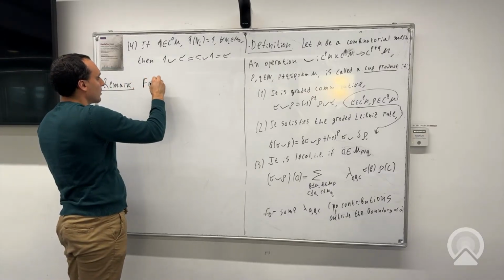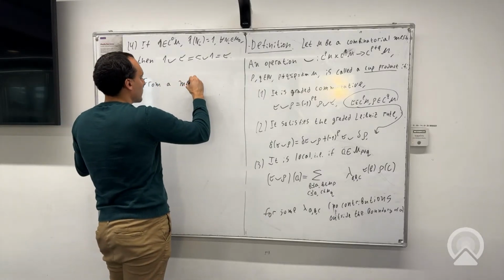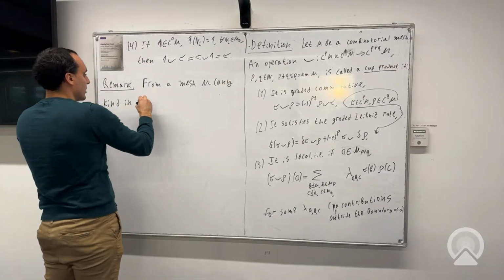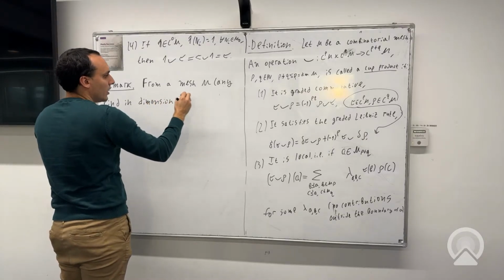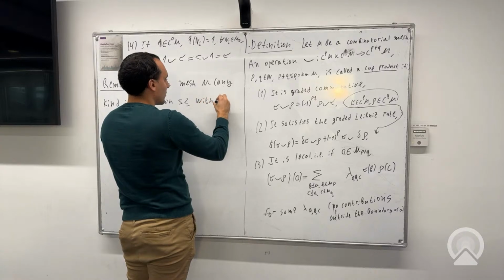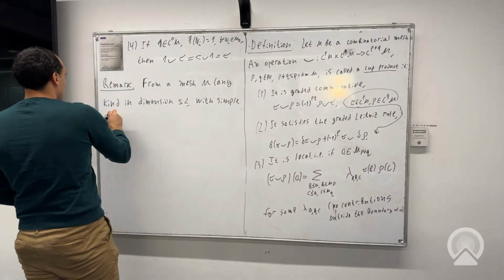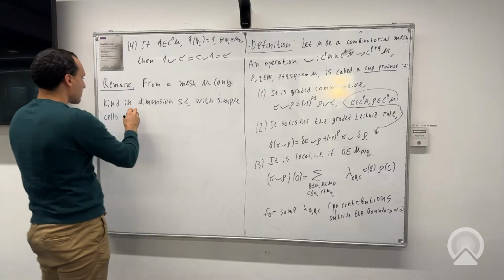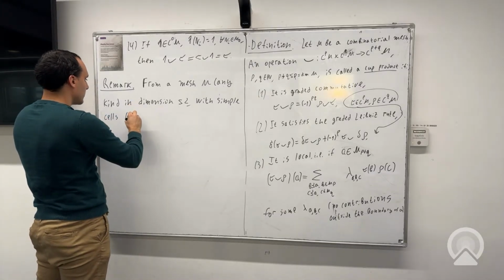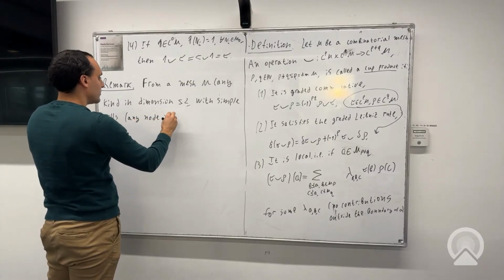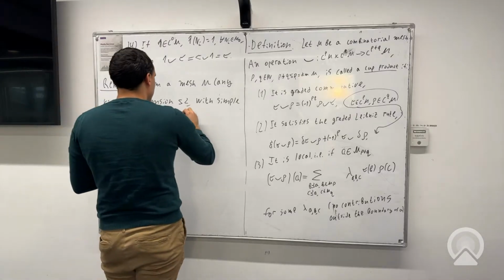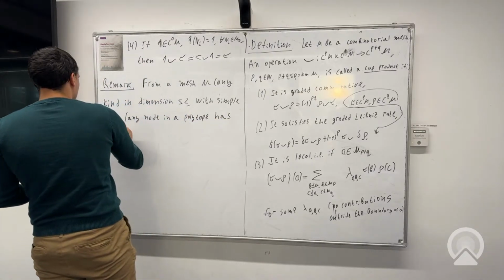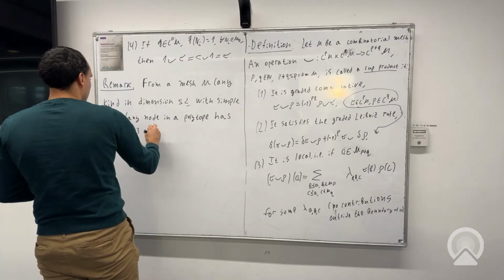From a mesh M, any kind in dimension less than 2, and with simple cells, so that means that in 3D, any node in a polytope has exactly 3 edges in this polytope.